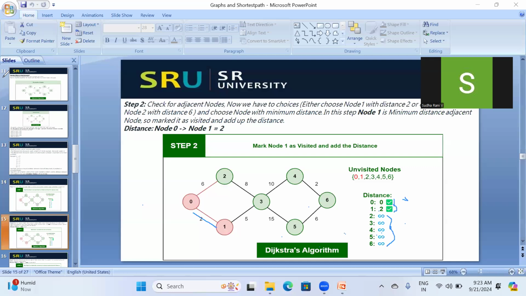Now what will be the next node to traverse? The next node to traverse is node 2. Now let us see.